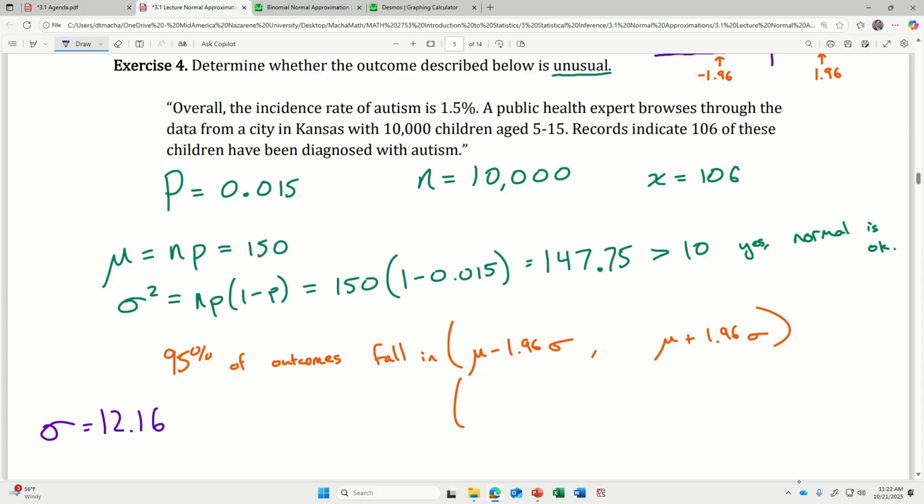So the lower bound here is 150 minus 12.16. How did you get 12.16? I took the square root of the variance. The standard deviation is always the square root of the variance.